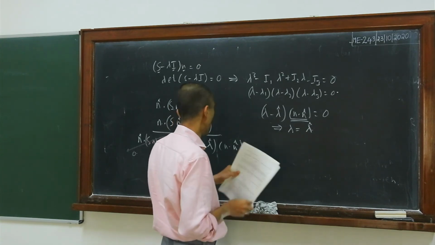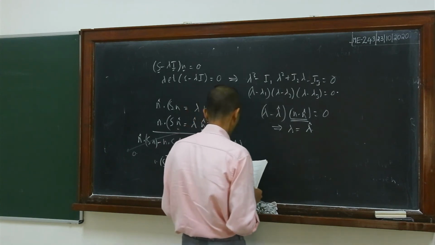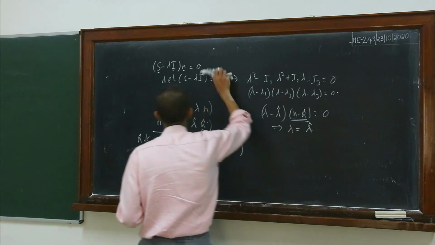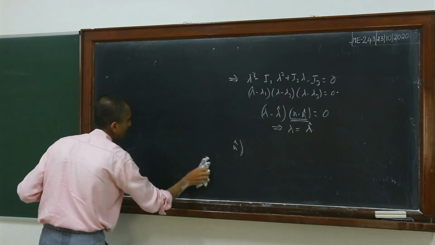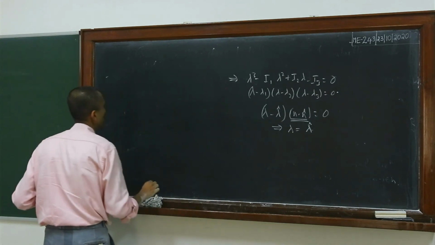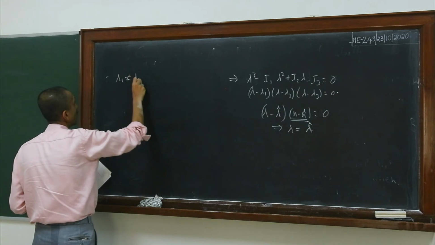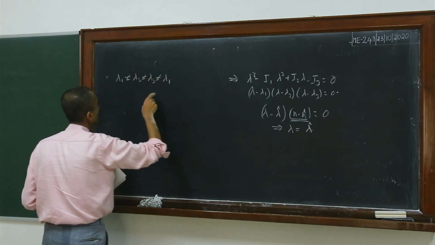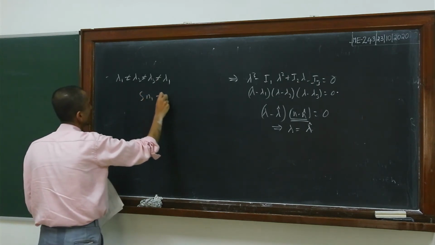Right? So suppose I write now the first case, so let me just write that. So the first case looks like this. The first case is that lambda 1 is not equal to lambda 2, is not equal to lambda 3, is not equal to lambda 1. So in this particular case, if I write Sn1 is equal to lambda 1 n1.